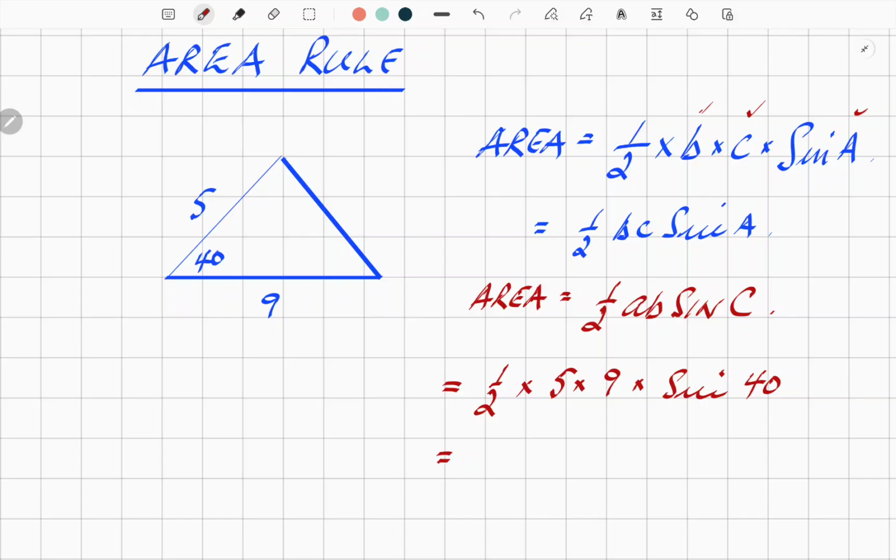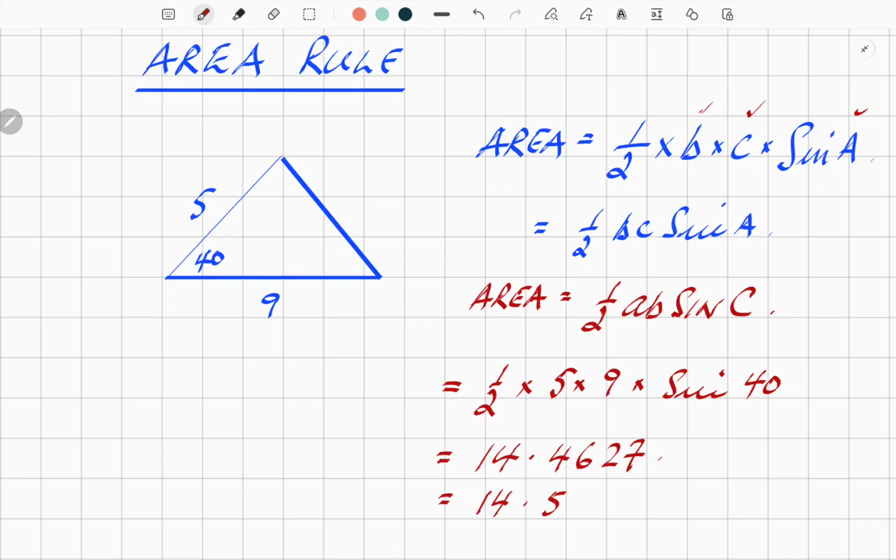All right. So 14.4627, and so on. So 14.5, all right? And whatever unit, centimeters squared or something like that.